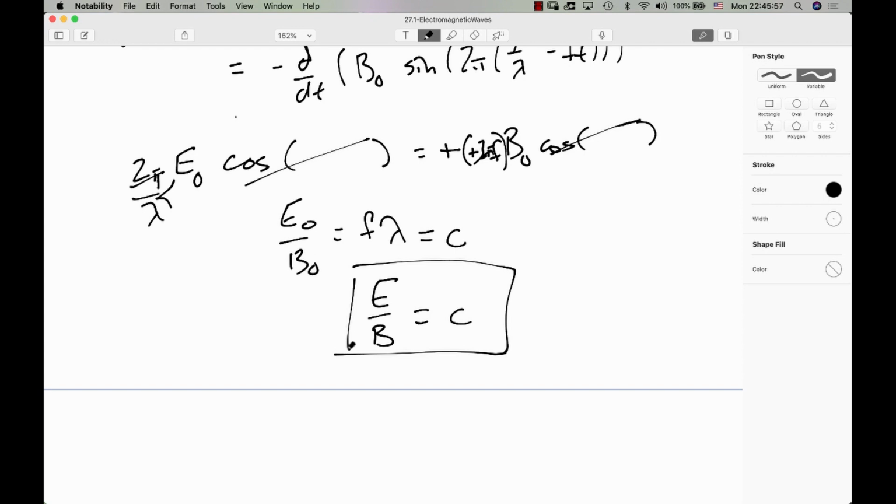And so the electric field is fairly easy to detect. The magnetic field is incredibly hard to detect. Most detectors that we have, be it a CCD array in your camera, the chemical dyes in film, if you want to go old school that way, or the chemical dyes in your eyes, all of those are sensitive to the electric field. The magnetic field just sort of goes along for the ride, but we don't detect it.